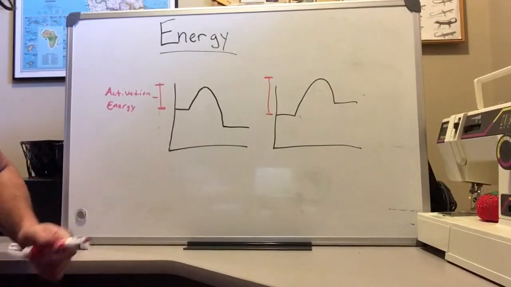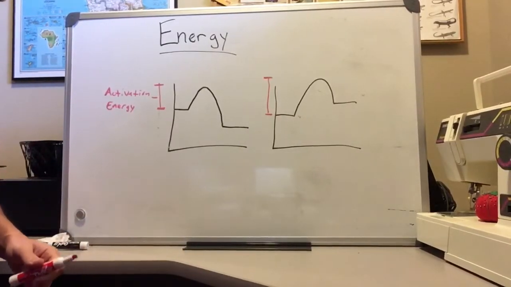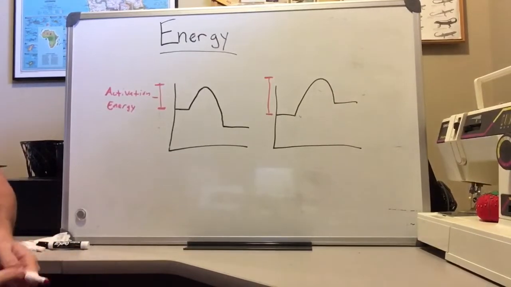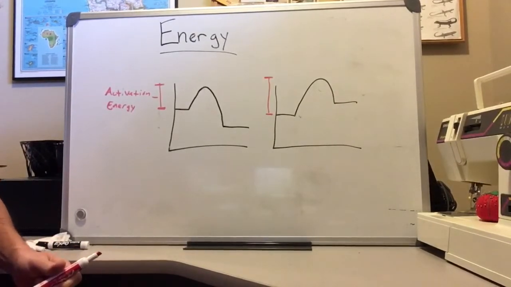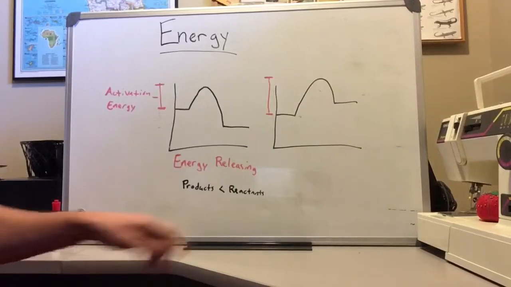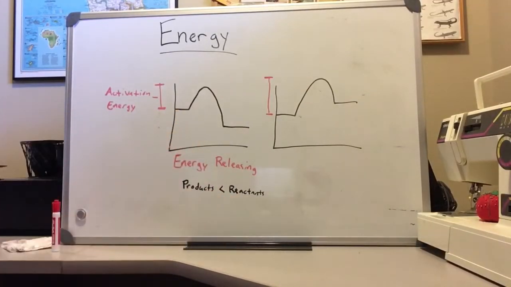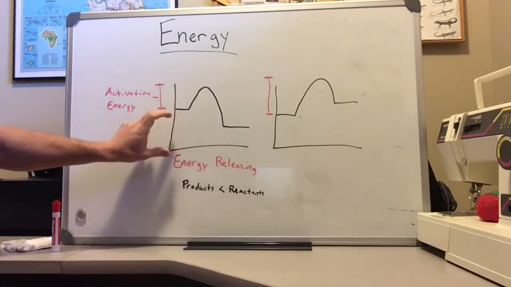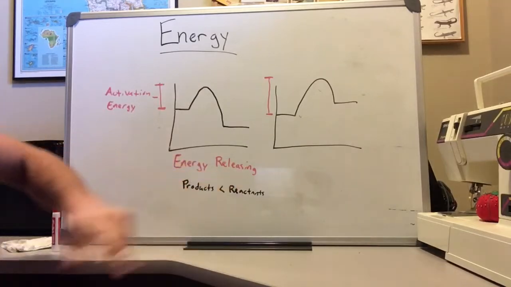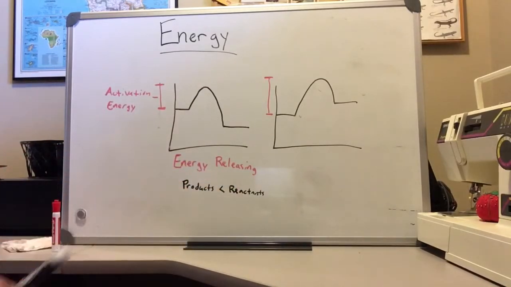So when the energy level of our products is lower than the energy level of our reactants, this is an energy releasing reaction. And again, this occurs when our products are lower than our reactants on this energy graph. Typically, we're talking about thermal energy or heat, and so when a reaction is an energy releasing reaction, it's typically what we call an exothermic reaction, meaning it's giving off heat.